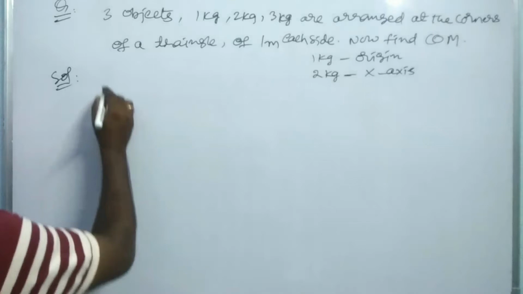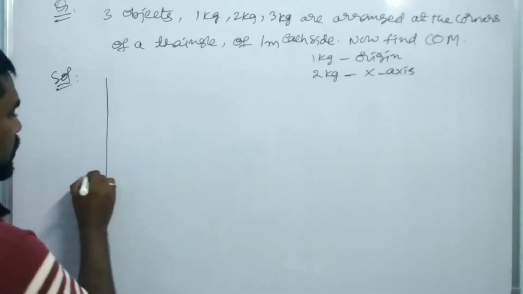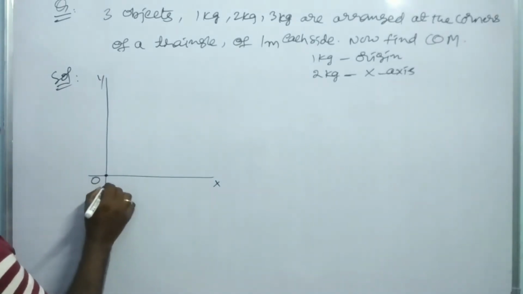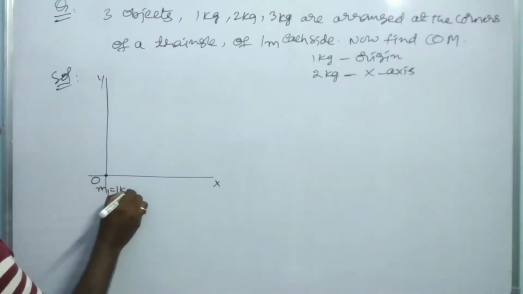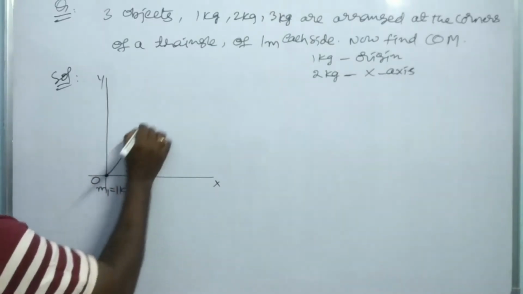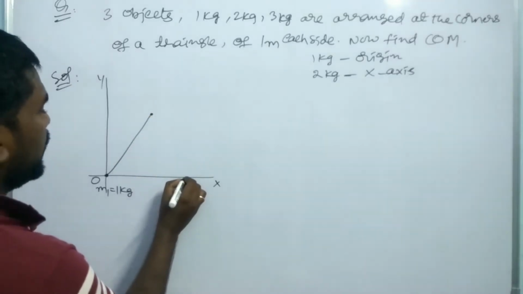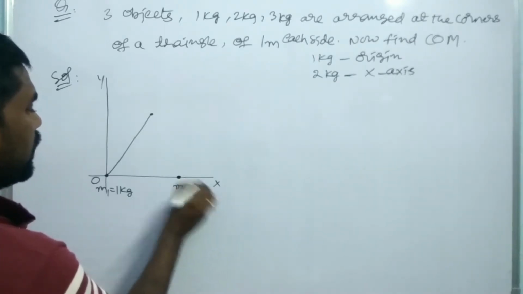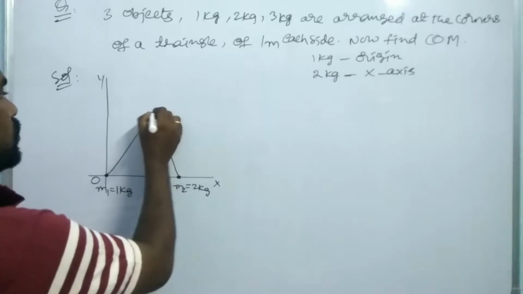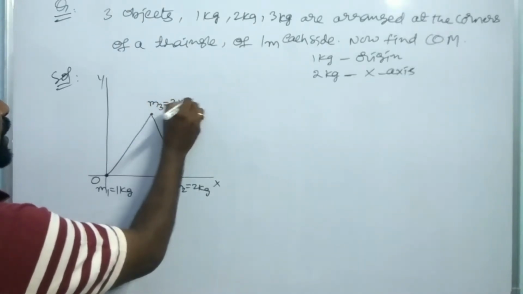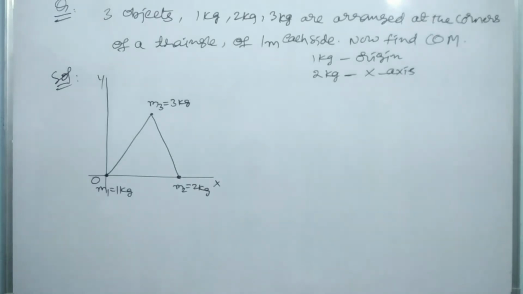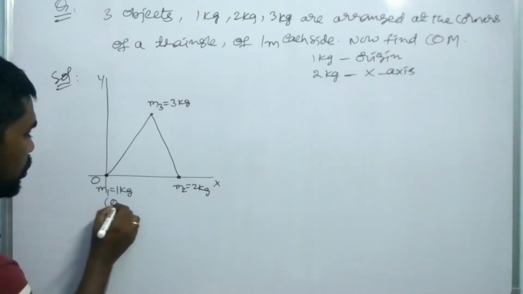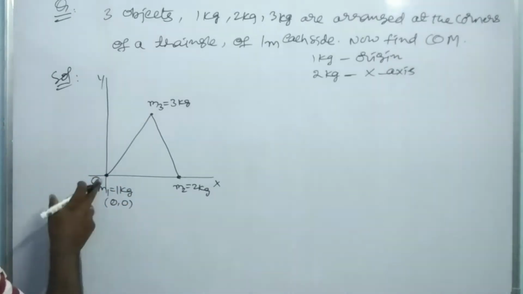Here we take the x and y axes, with this point as the origin. At the origin is m1 equal to 1 kg, and here is m2 equal to 2 kg, and this is m3 equal to 3 kg. These three particles are arranged in an equilateral triangle. The coordinates of this point are 0, 0, because it is the origin.